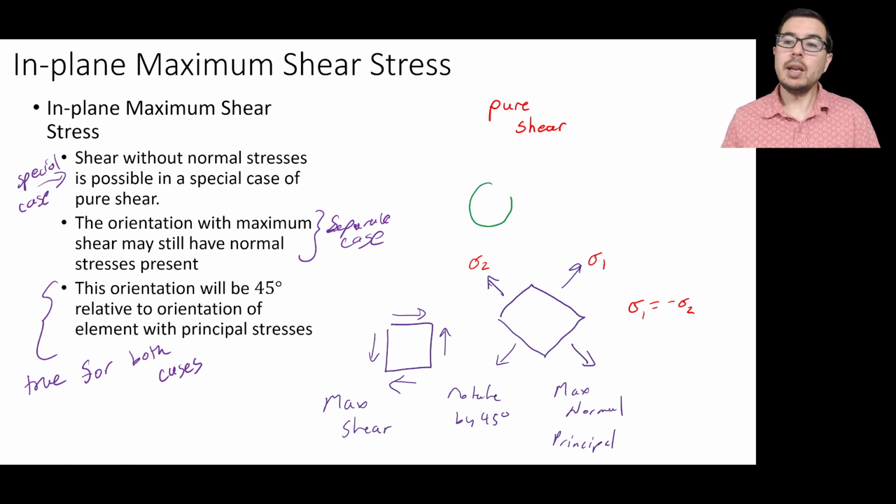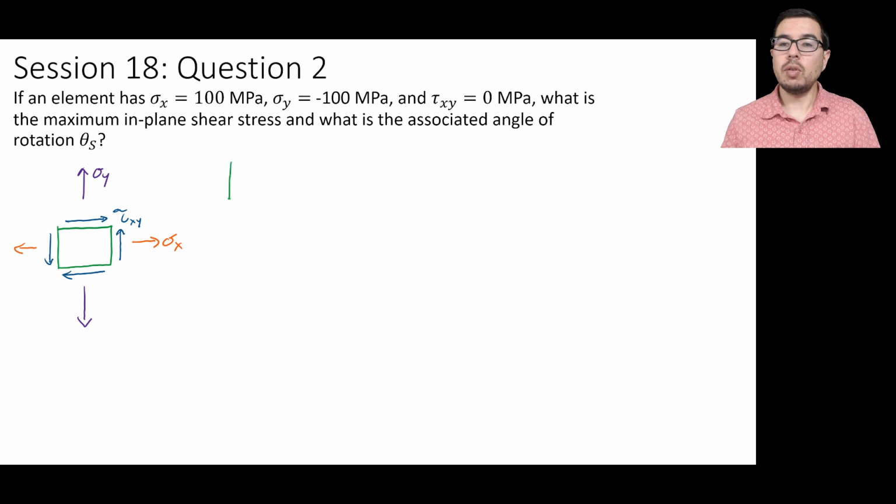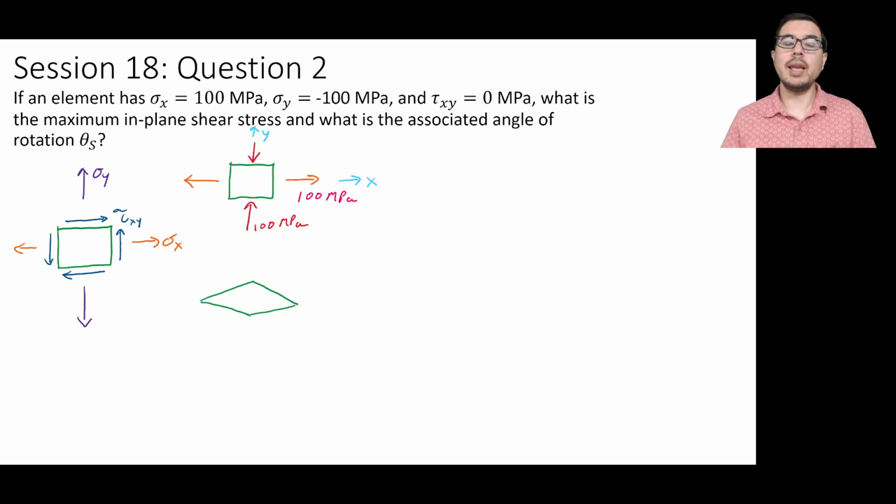So it's not a bad idea to go ahead and think about what an element rotated 45 degrees from the original orientation would look like. So we have a 45-degree rotation, now x prime coming out this direction, and y prime coming out this direction. 90 degrees, 90 degrees.